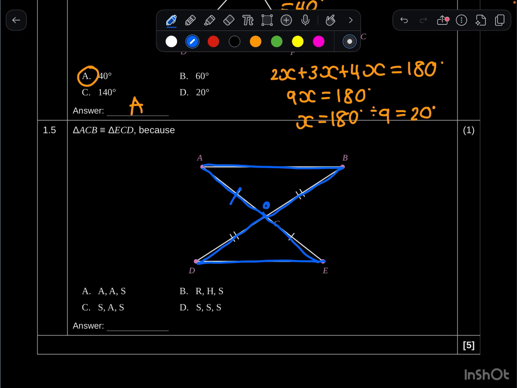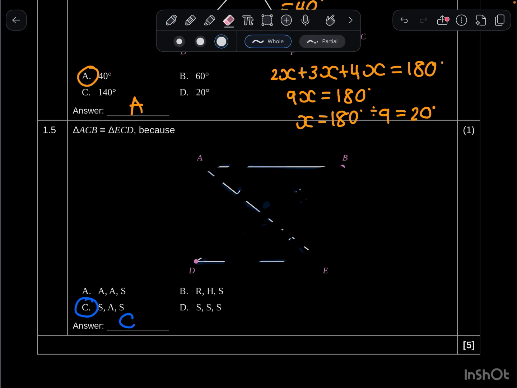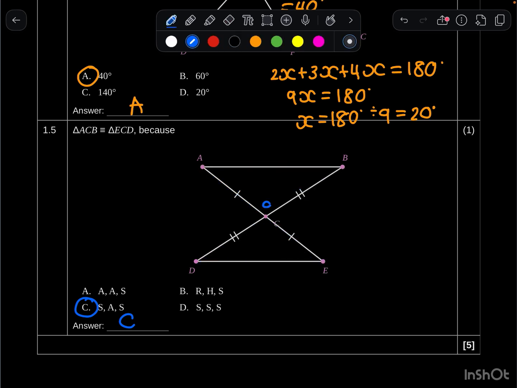These angles are vertically opposite here. So it's side, angle, side. So that is C. Just to clarify, we said these angles here are vertically opposite, so those angles are equal. We know this side is equal to this side. This side is equal to this side because they've given us that. So it's side, angle, side.